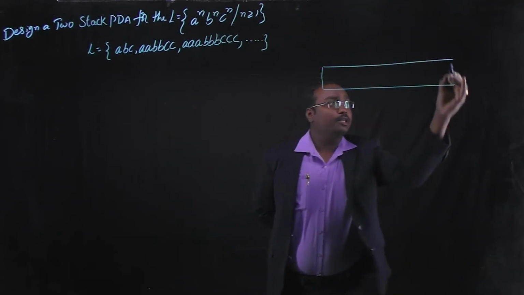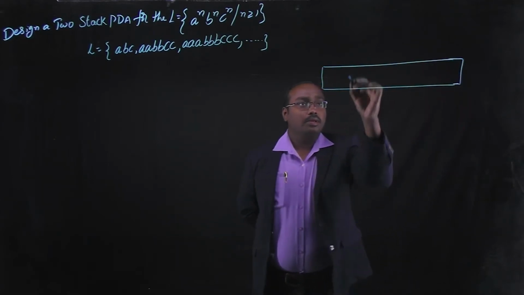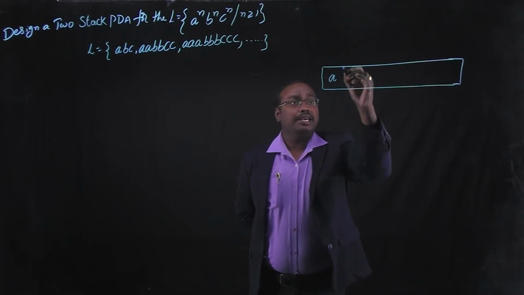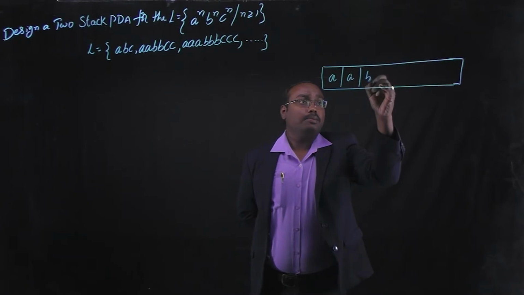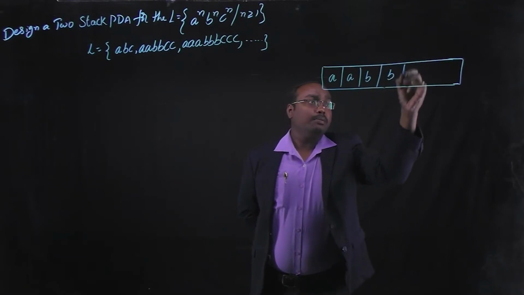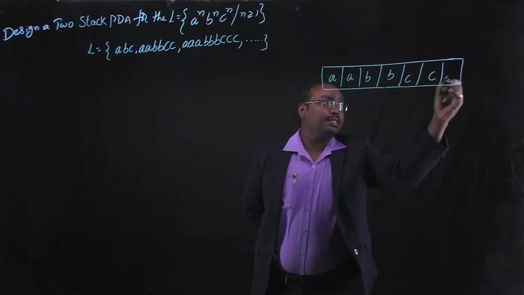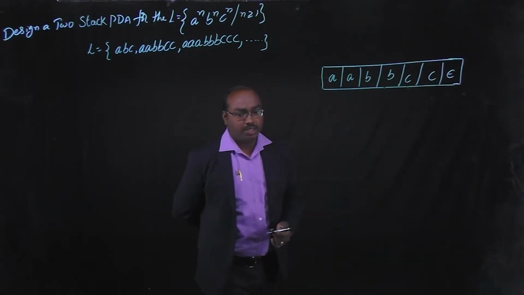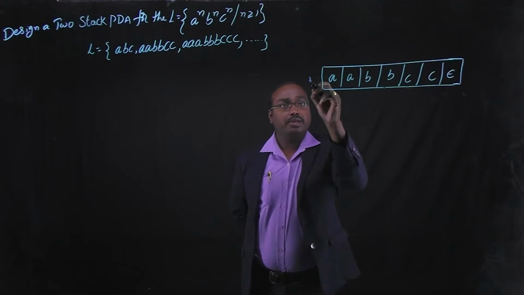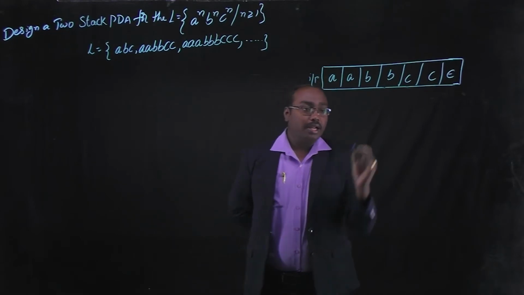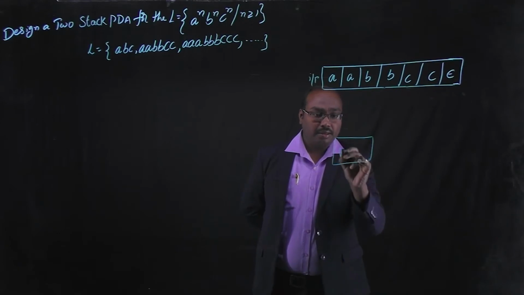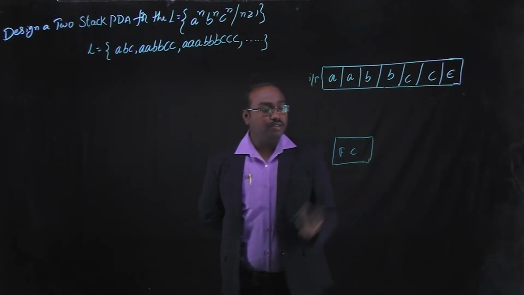So this is the input tape. For example, I am taking the string a, a, b, b, c, c, and finally the string ends with epsilon. This is the input tape, and this is the finite control machine.